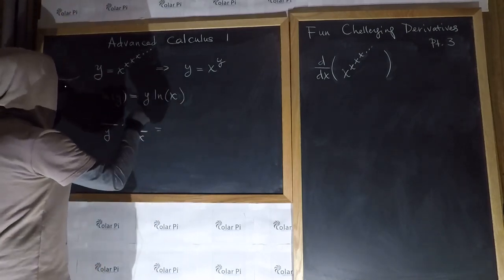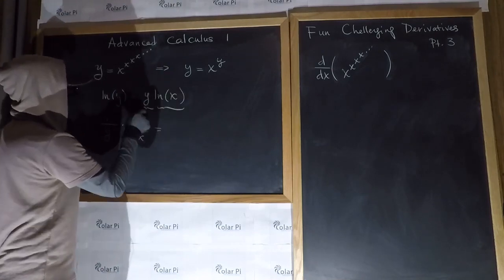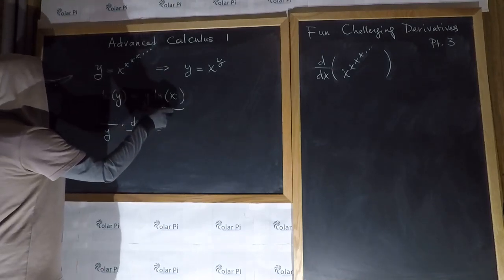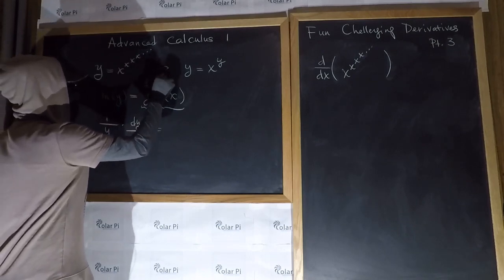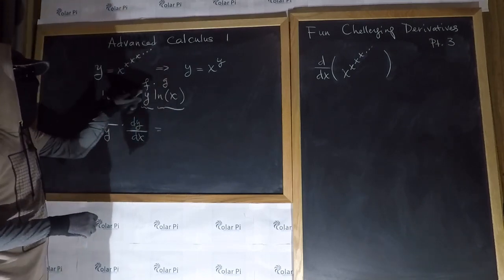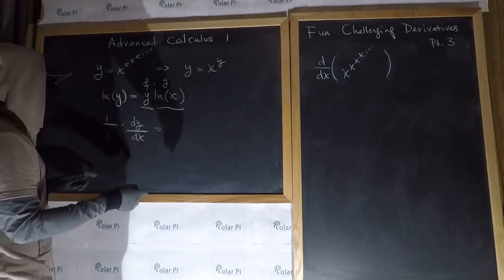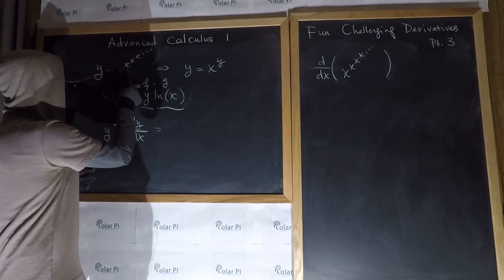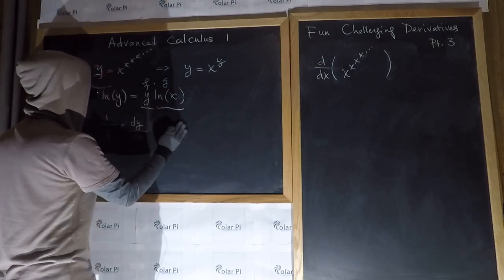And then here on the right side, to do the derivative, we have to apply product rule, because there's a product between y and the natural log of x. So y is like f, and the natural log of x is like g. Now we know the derivative of f times g is f prime g plus f g prime. So f prime g is going to be, well, sorry, just the derivative of y.